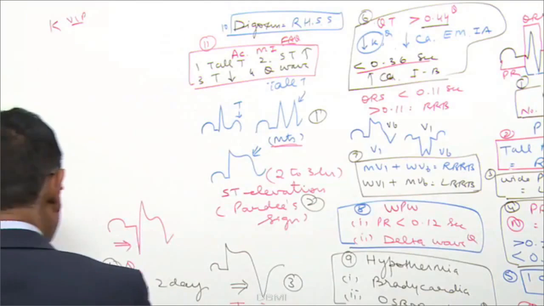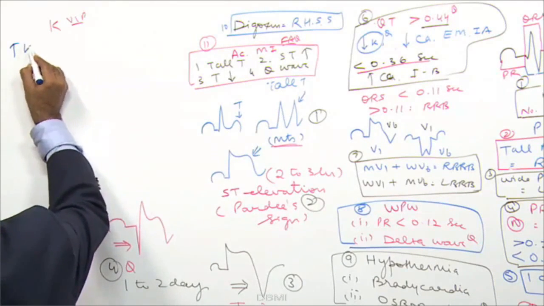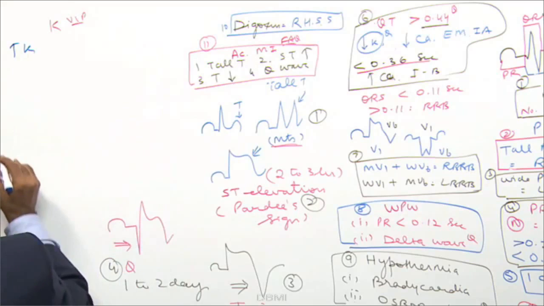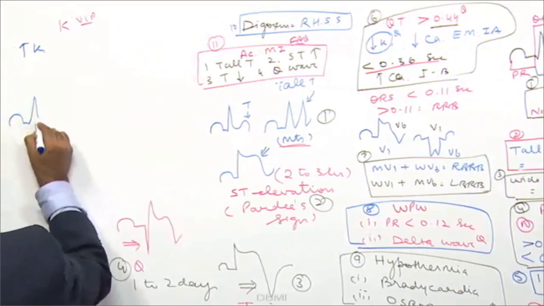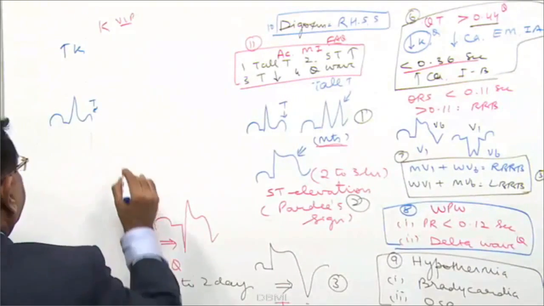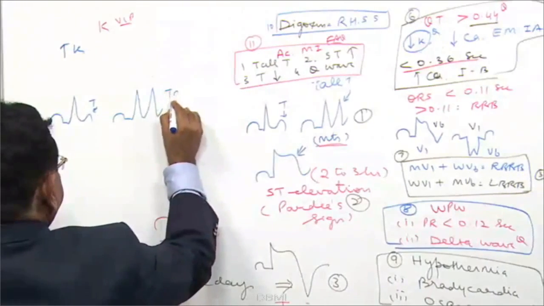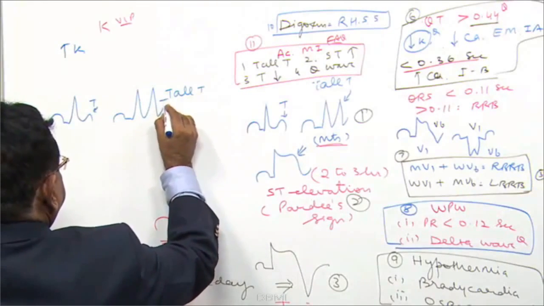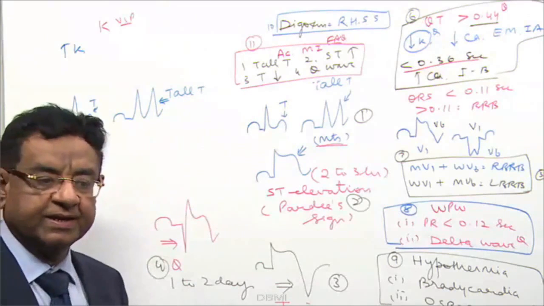Regarding hyperkalemia, the ECG findings. This is a normal recording. This is the T wave. When hyperkalemia starts, the first finding is tall T wave. Remember the tall T wave, the first finding.